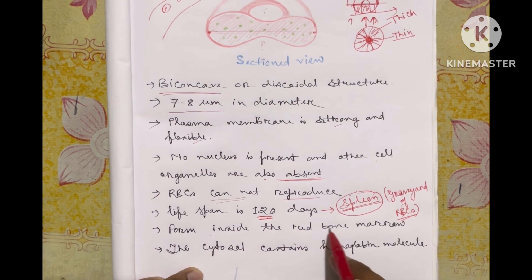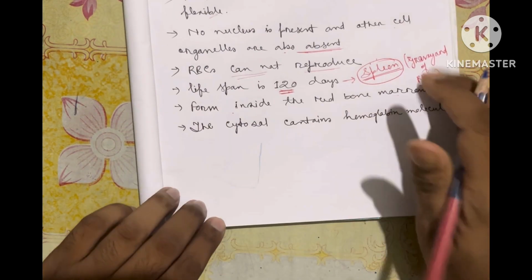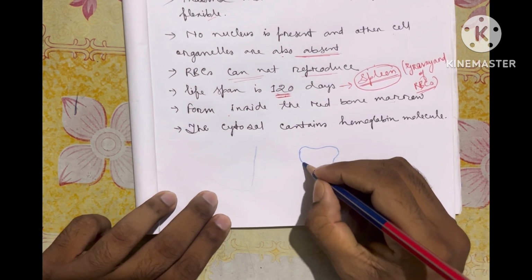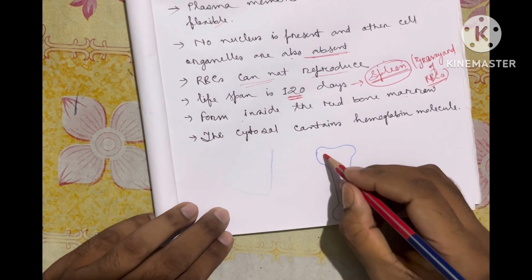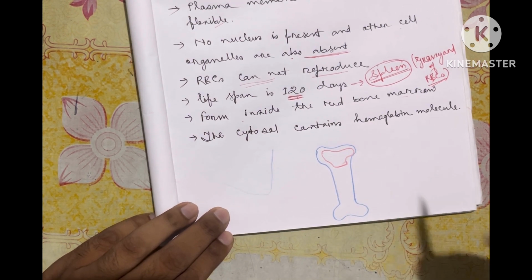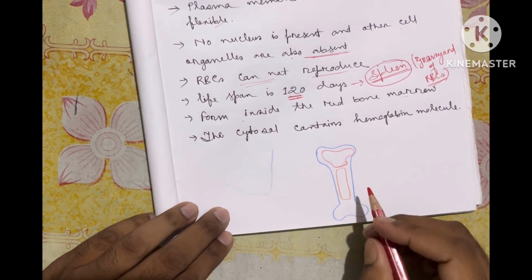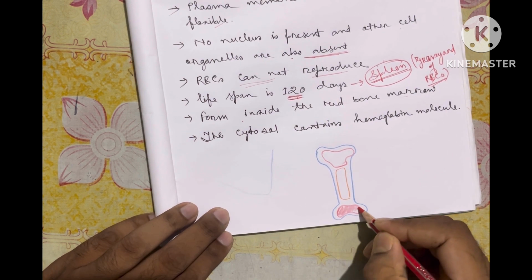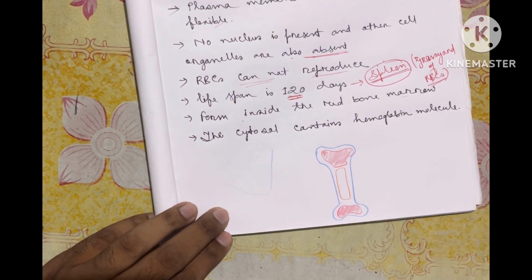So this RBC forms inside the red bone marrow. So what is red bone marrow? For example, suppose this is one bone. So our red bone marrow is this part. This is our red bone marrow, and this is our yellow bone marrow. And here again we have some part of red bone marrow.